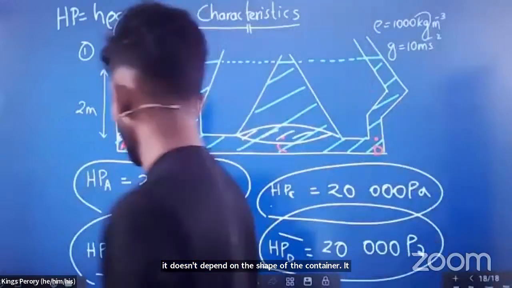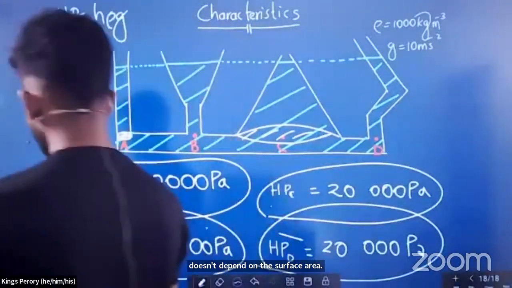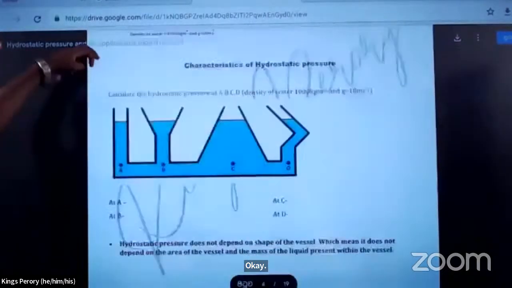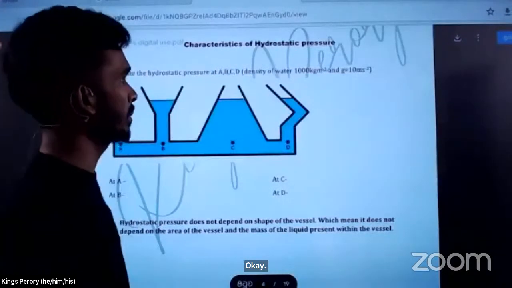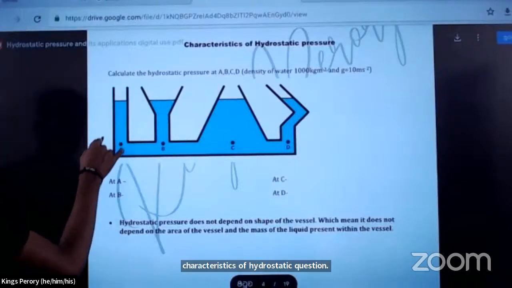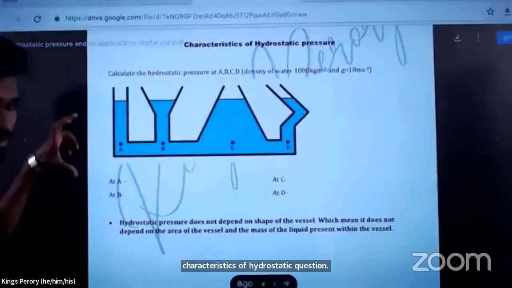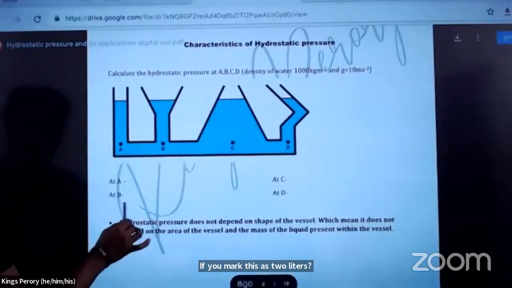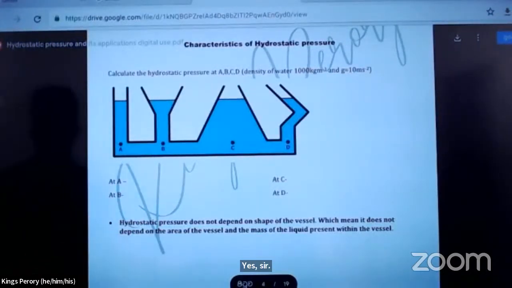Okay. Go to the characteristics of hydrostatic pressure. Calculate the hydrostatic pressure at A, B, C, D. Did you mark this as 2 meters? Yes, sir. Mark it as 2 meters. Hydrostatic pressure value is 20,000 Pascal.